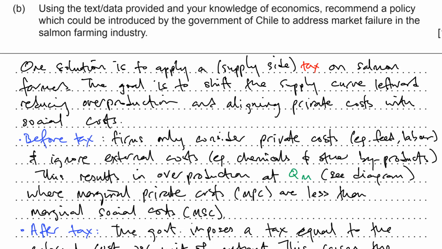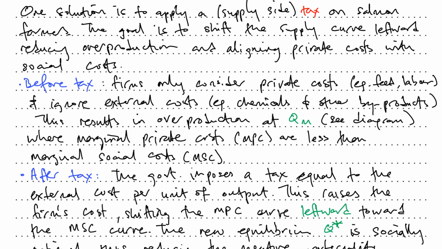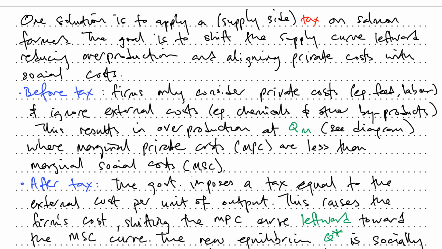All right, so what I've said here is, okay, so one solution is to apply a supply-side tax on salmon farmers. The goal is to shift the supply curve leftward, reducing overproduction and aligning private costs with social costs.